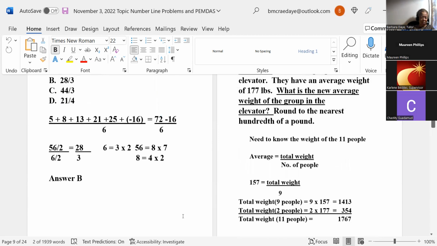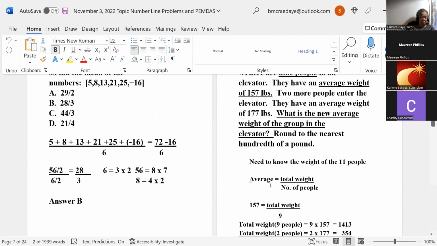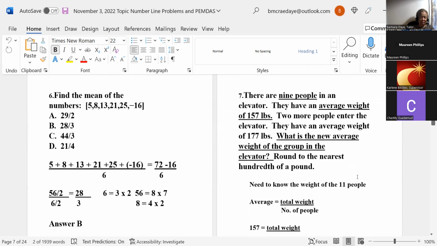Remember, if you're given an average and you know the number of items, the total is just a multiplication of that average times the number of items. Here it was people. Any questions on number 7?